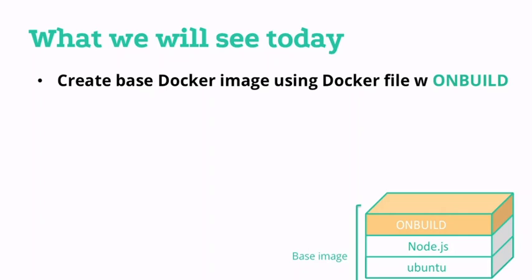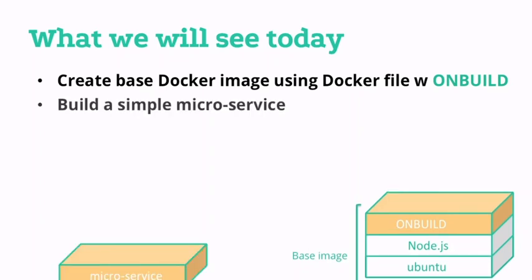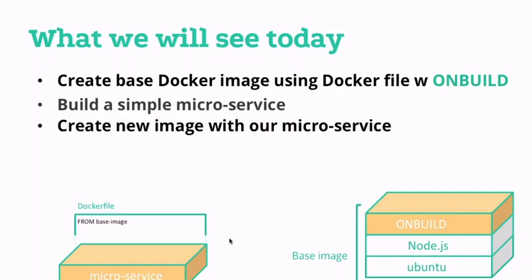After we create this image with these triggers, we will create a simple microservice, and then write a Dockerfile for this microservice, which will indicate in the first command the base image that we created. When the Docker daemon sees that line and sees that the base image has triggers, it will execute these triggers as part of building a Docker image for the microservice.